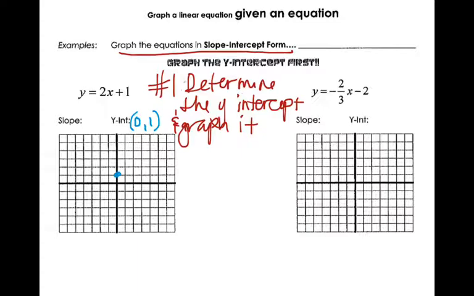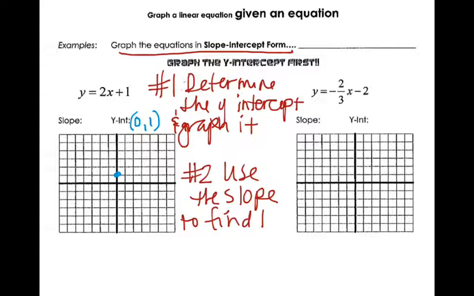Okay. Now step number two is going to be to use the slope to find the next point. Okay, remember, our slope is just a rise and a run. It's basically the directions to get from one point to the next point. Okay, it's like you're trying to get to your friend's house and they can't cut through backyards, they can only use streets.